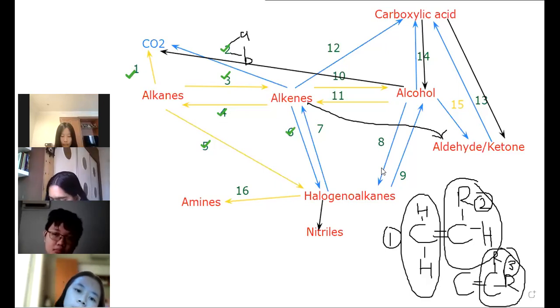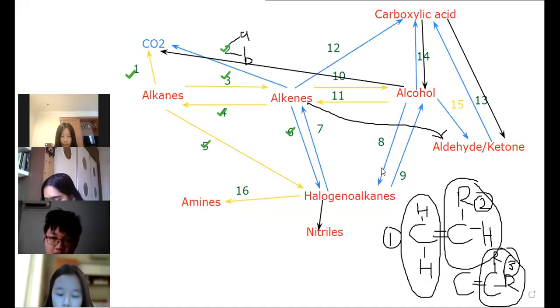And then next, number 7. Halogenoalkanes become alkenes. Let me ask Felicia. Yes, teacher. Felicia, what is the catalyst for halogenoalkanes becoming alkenes?